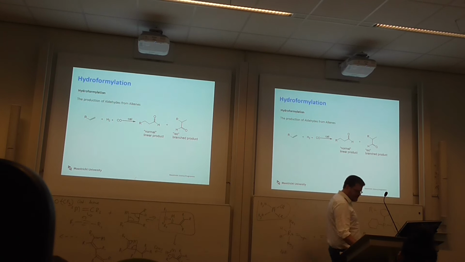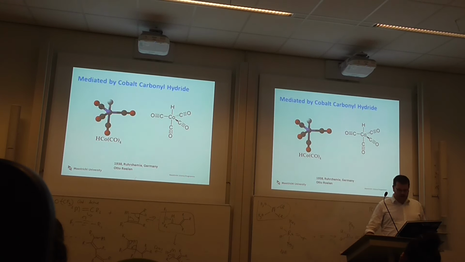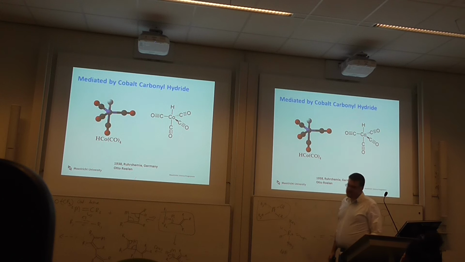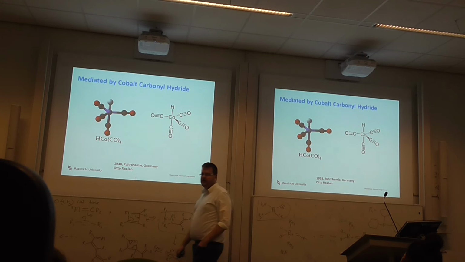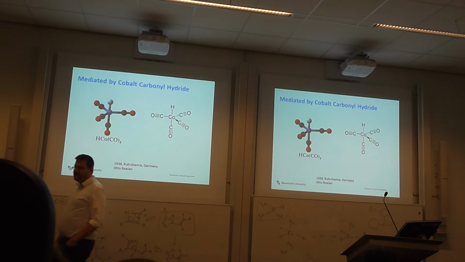It started in the 1930s in Germany, Ruhrchemie, Otto Roelen, and he basically found out that you can do hydroformylation using cobalt. Now, cobalt tetracarbonyl is the active catalyst species in the hydroformylation. The first hydroformylation catalyst is HCo(CO)4.